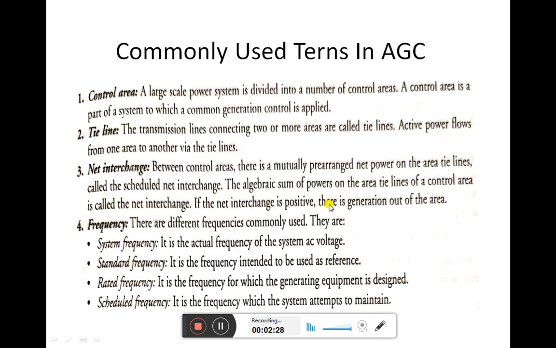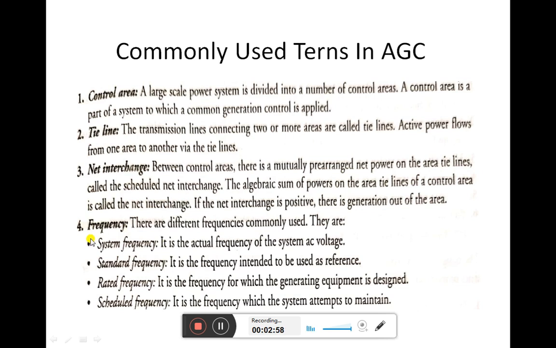Based on the load pattern of both areas, it will be prefixed that area 1 can send 50 megawatt of power to area 2, or, for example, area 2 can interchange 20 megawatt of power to area 1 at the 11th hour of a day. Like this, the net interchange will be fixed, and it will be in terms of packets of megawatt.